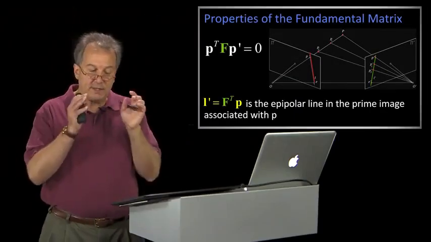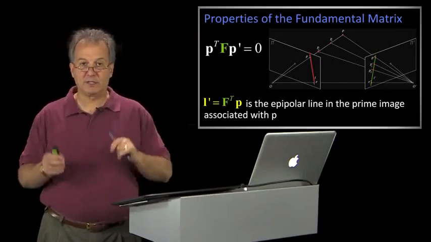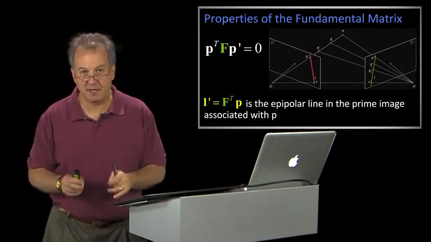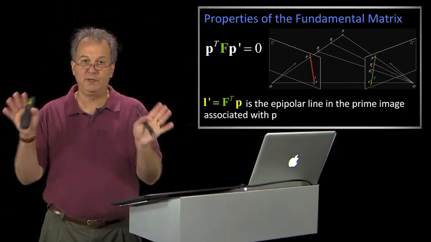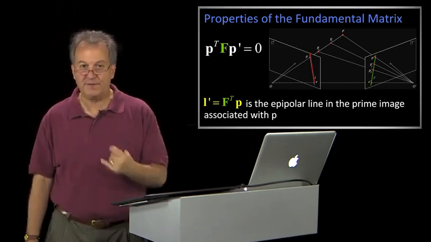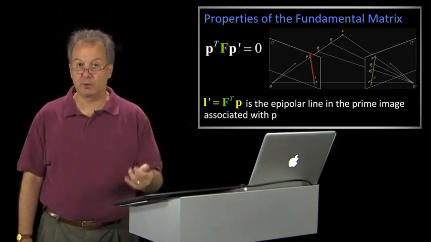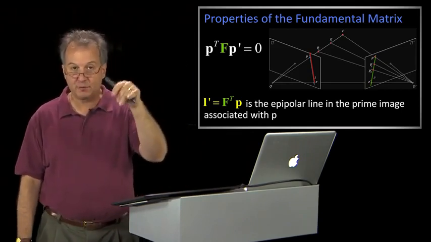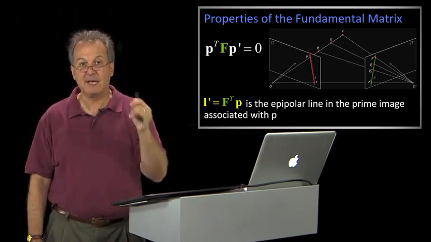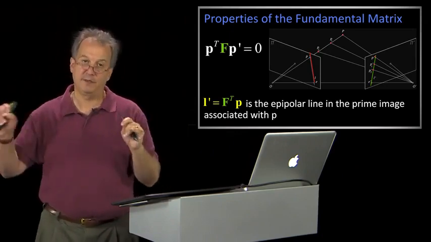All right? So what the fundamental matrix does is it gives us the epipolar line constraint between two views. So if I know what F is, I can compute the epipolar lines. In fact, for a given point, I just take F transpose P, and that's the epipolar line in the other image.